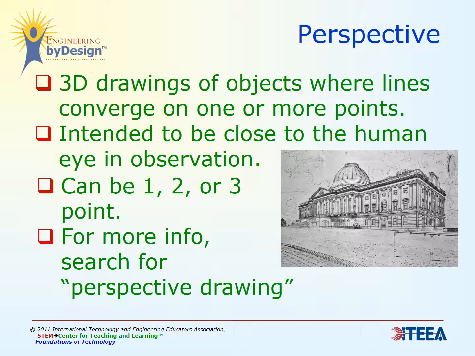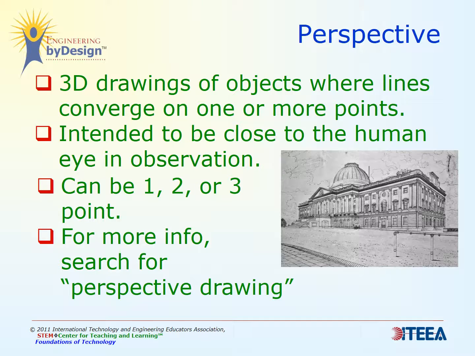Perspective drawing. What you perceive. 3D drawings of objects where lines converge on one or more points. This is a beautiful, maybe an actual building. Beautiful design. It's one in Raleigh. I think it's a church that they're building. And they've been building that for the last 2 years.